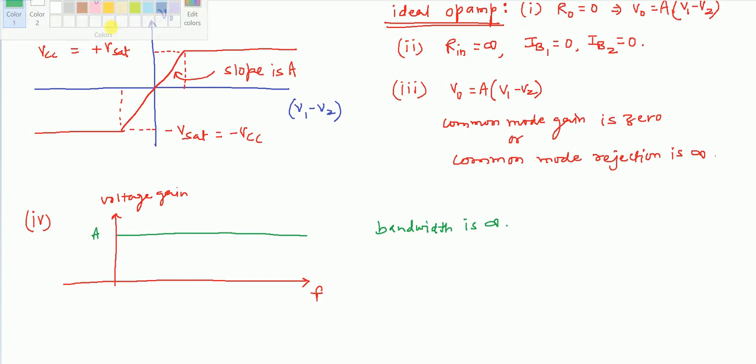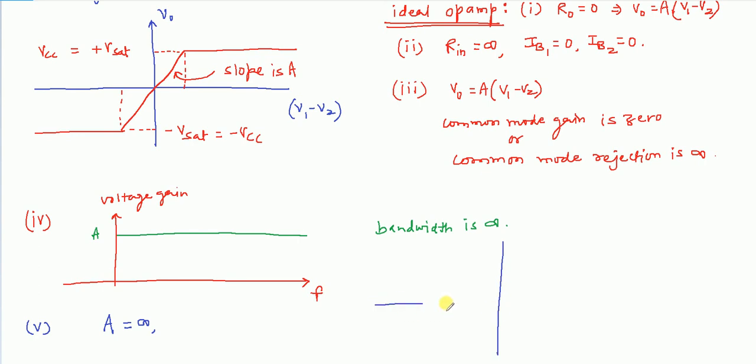Now the next case, the open loop voltage gain for ideal op-amp is also infinite. This A is infinite. Open loop voltage gain is infinite. If the open loop voltage gain is infinite, then for ideal op-amp, this slope also becomes infinite. So this will change the transfer characteristics of ideal op-amp.